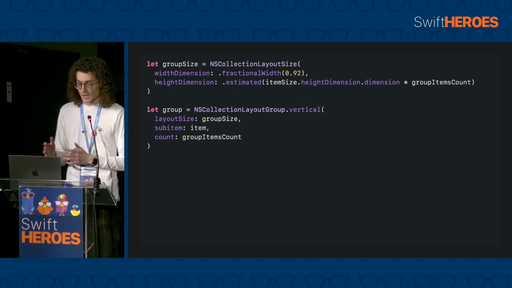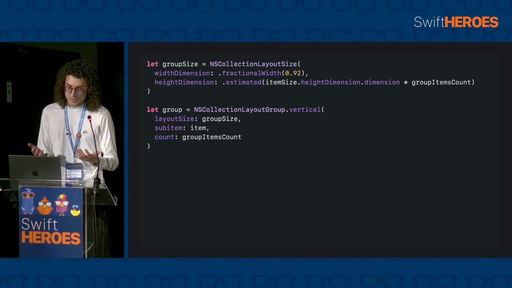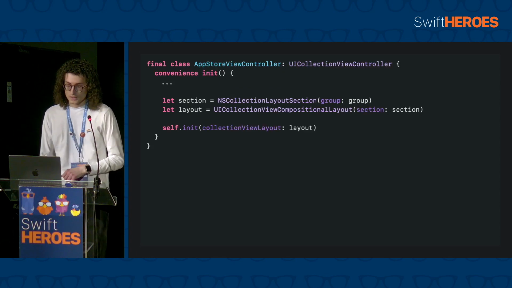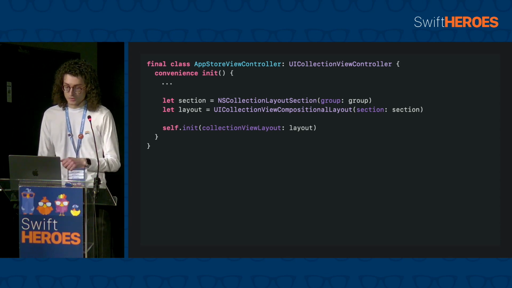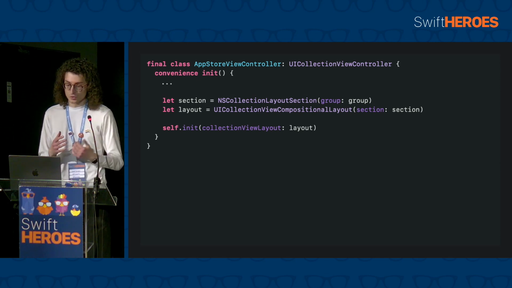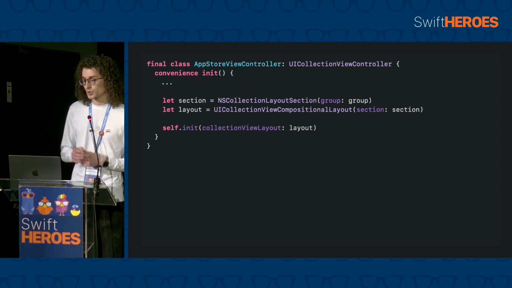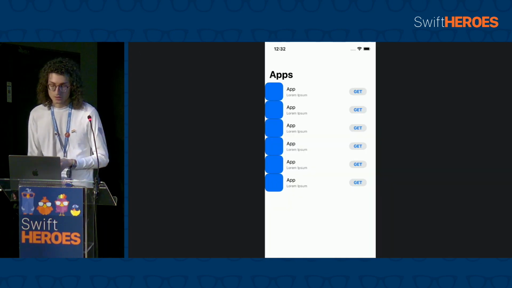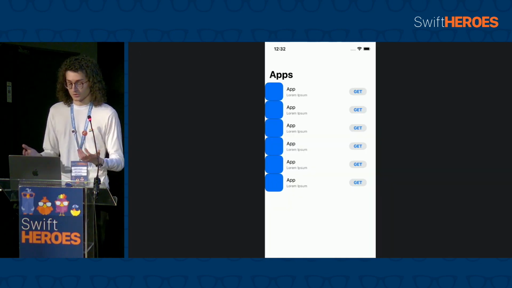So we can pass in the layout size of our group, then the item, and how many items we want to display in the group. Then we can create the instance of NSCollectionLayoutSection, which will contain our group, and then an instance of UICollectionViewCompositionalLayout, which in this case will only take in the section. So this is our result for now.